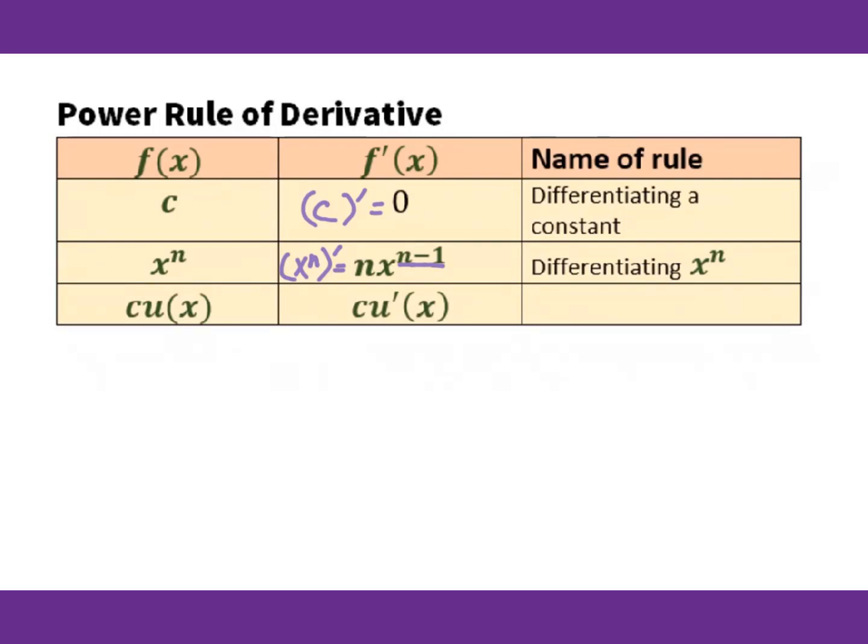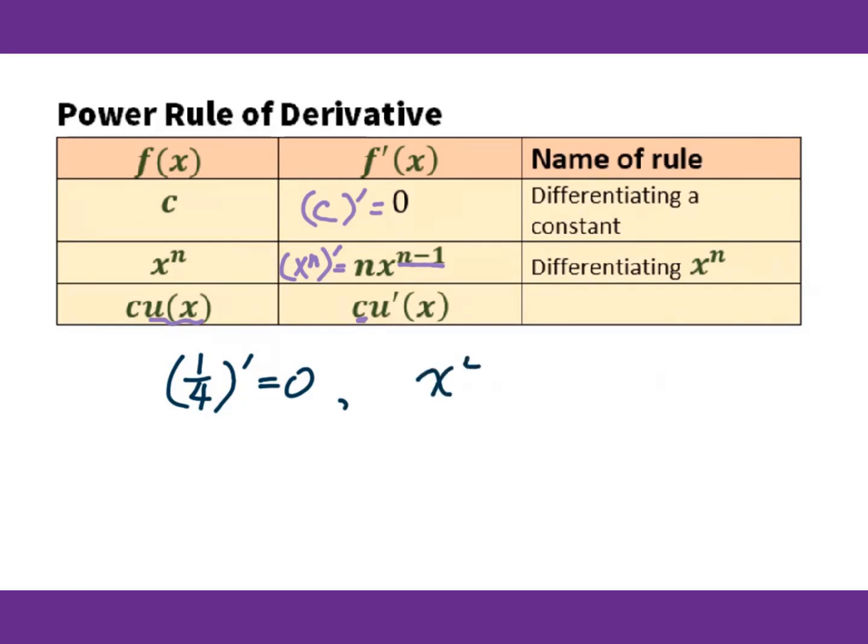If you have a coefficient before the function, this coefficient will stay. For example, if we have 1 over 4, we do the derivative, definitely equals 0.